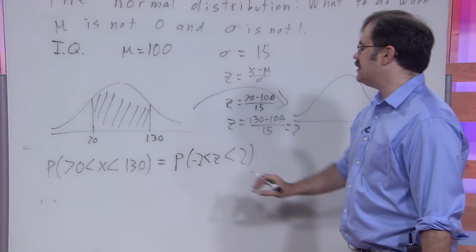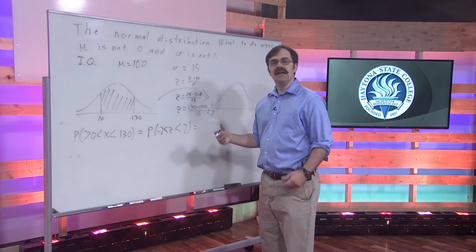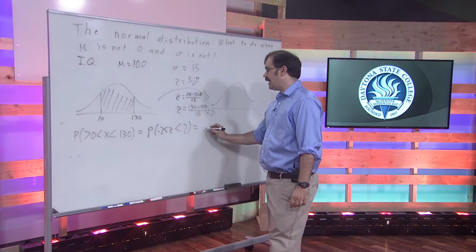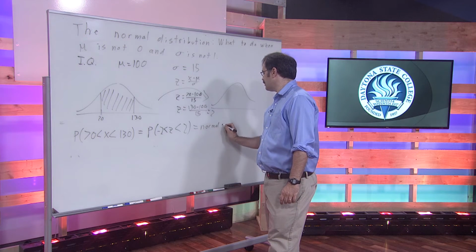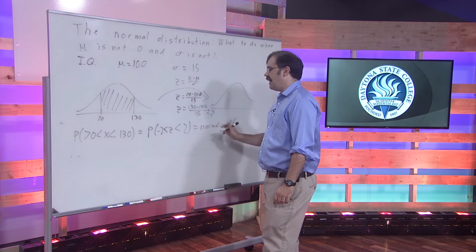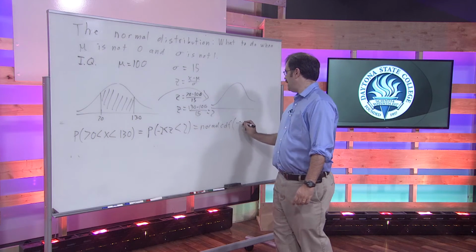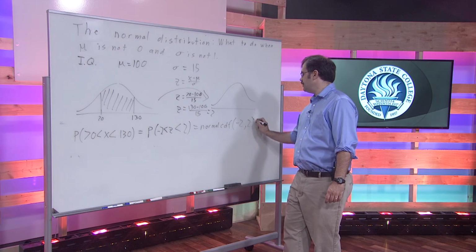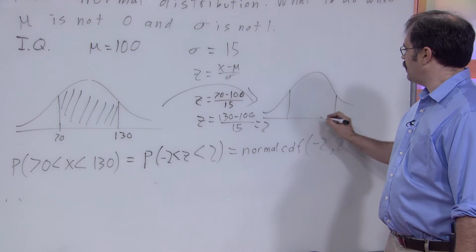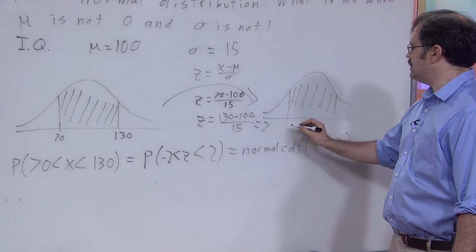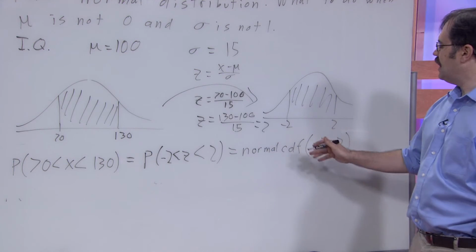Now, what we're going to do is calculate this, and we can calculate this using our calculator function again, normal CDF. And we put in -2 and 2 for our lower and upper limits of where we're interested. This is from -2 to 2.